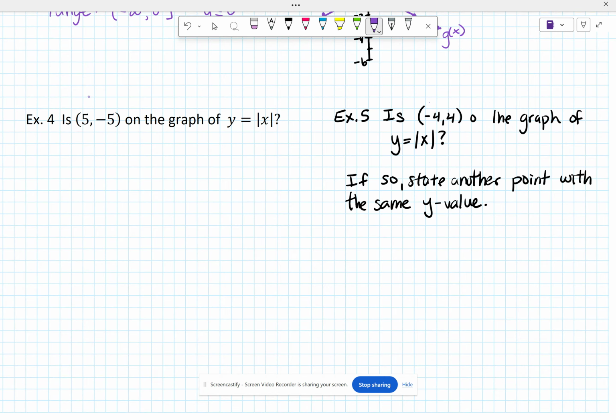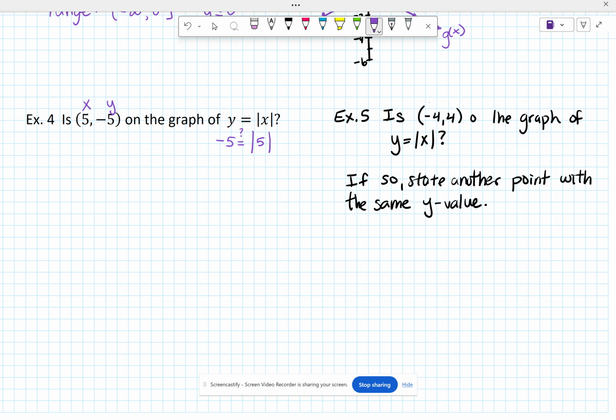What I want to do in this problem is plug this point in for x, y, and see if it's true. If it's true, then yes, it's a point on the graph. If it's false, then no, it's not a point on the graph. And so I have y, which is -5, and I'm going to set that equal to the absolute value of 5. And I am trying to figure out, is that true?